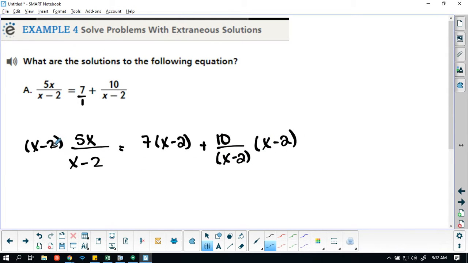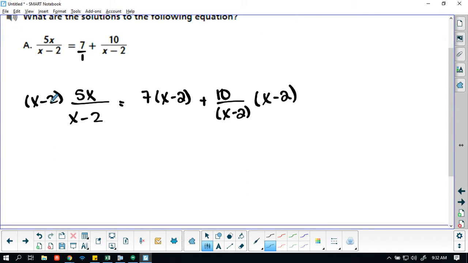So what I did, I multiplied x minus 2 to one side. What I do to one side, I must do to the other side. So I multiplied x minus 2 to the other side. Those can cancel out, and we're left with 5x equals 7x minus 14, distributing that right away, plus 10.